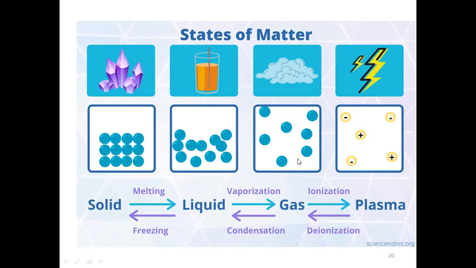So simply if you provide further heat to the gaseous molecules, they become ionized, and this state is called the plasma. So this is the basic reason behind the transformation of matter. That means the forces of attraction between the molecules or atoms become weaker when they are transformed from solid to liquid, liquid to gas, and gas to plasma.